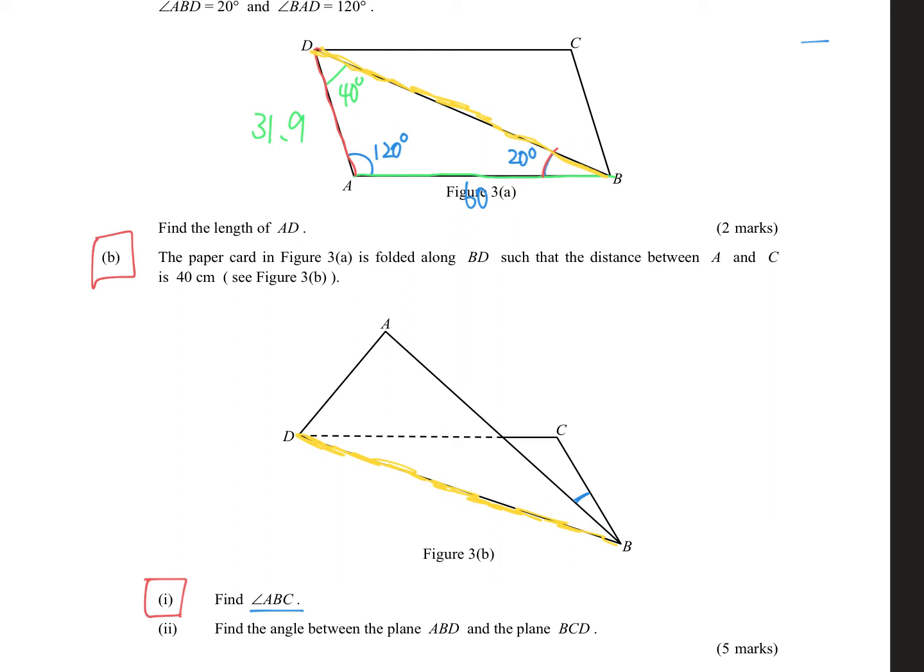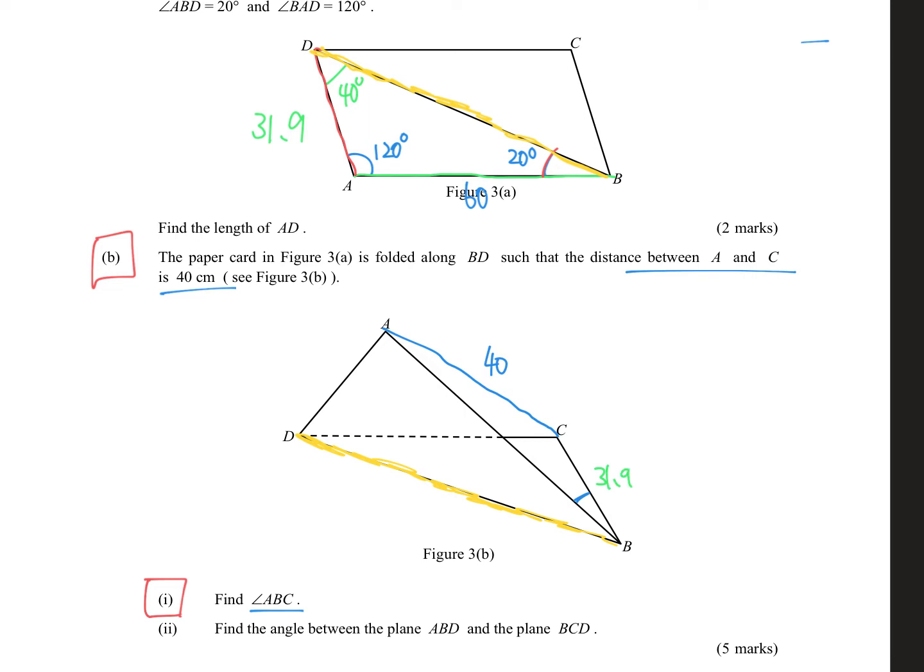And then the distance between A and C is 40 cm. So this is 40 cm now. For BC, we'll be using the result of part A, so this is 31.9.